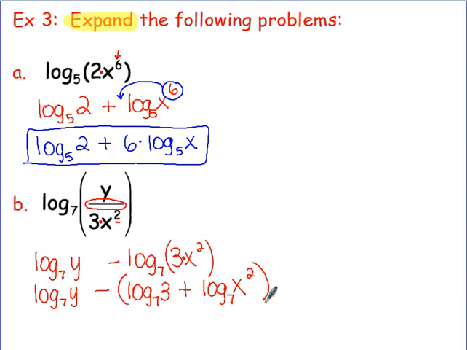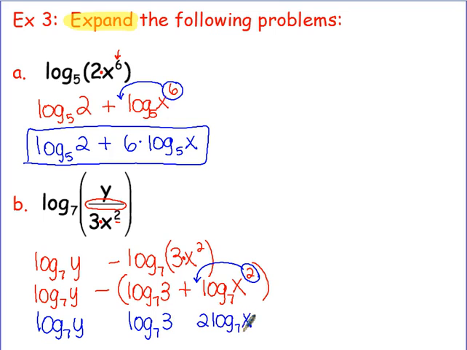Well, we're still not done. We have 2 more things we're going to do. The first thing we're going to do is deal with this little exponent here. Because we know exponents come down in front. So keep this first log. Keep the second log. Move the 2 in front of the third log.